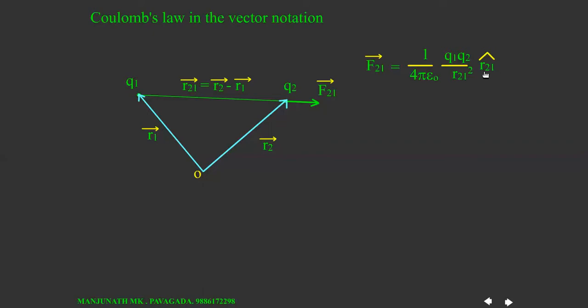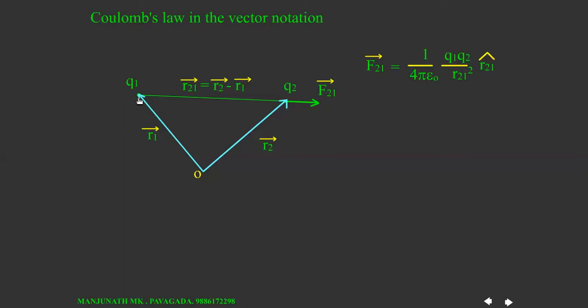This is the unit vector. Its direction is in this direction. As this force is a vector, on the right side also there should be a unit vector to represent the direction.